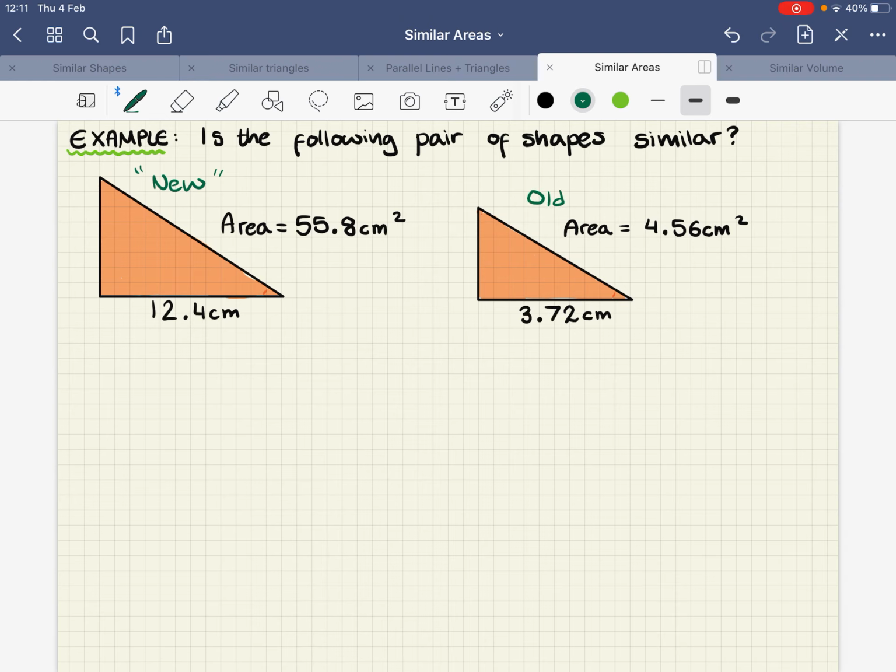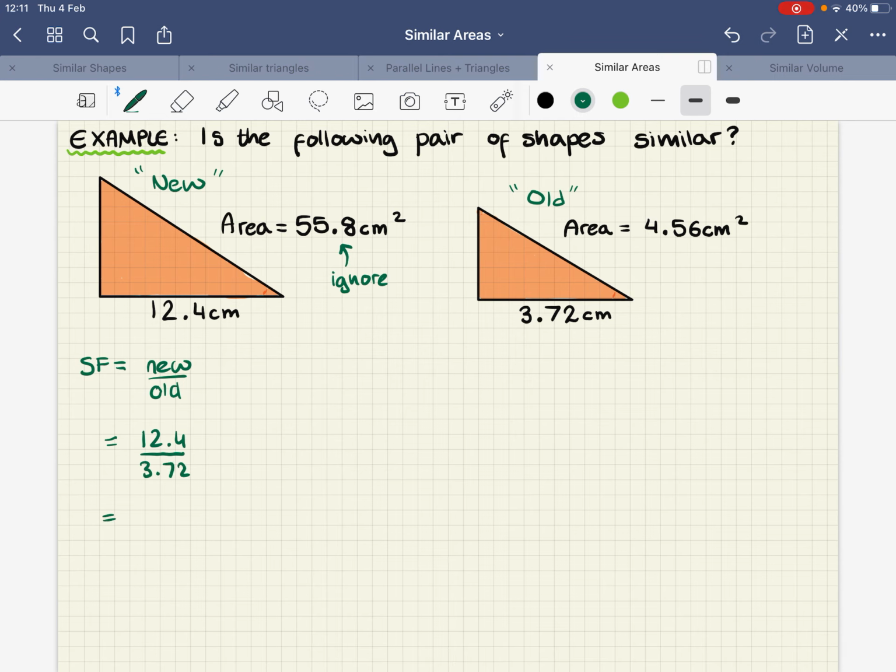So I'm going to pretend that this is a normal scale factor question. I'm just going to ignore that area for the time being. I'm going to pretend we don't know it and it doesn't exist. So I follow through, same like we did in the previous question. So doing my new over old. So now corresponding side, it's going to be the 12.4 over the 3.72.